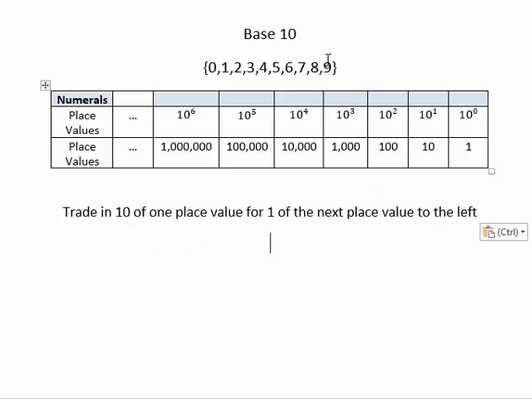What makes the system work is that you can always trade in 10 of one place value for 1 of the next place value to the left. You kind of already know this if you think about it. For example, 10 tens, you could trade in 10 tens for 100. And that's sort of the foundation of our base 10 value system.